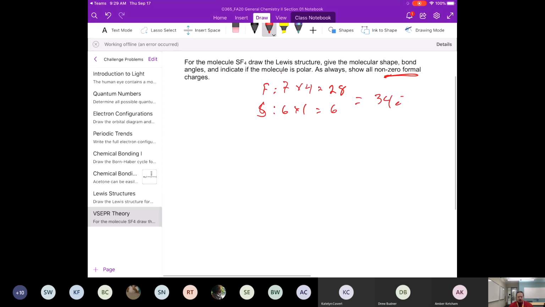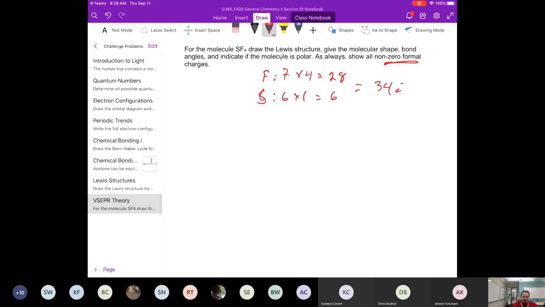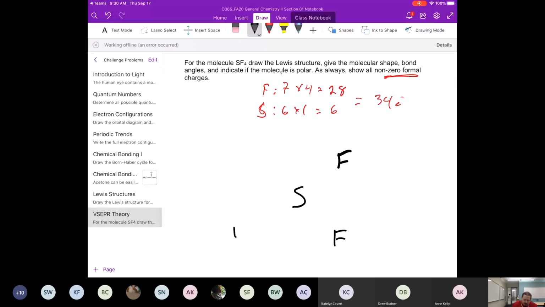So which one of these is the least electronegative, sulfur or fluorine? Sulfur. Fluorine's the most electronegative, so we are going to put sulfur in the middle, and surround it with these 4 fluorines. I'm going to do it sort of symmetrically because it makes everybody feel better.